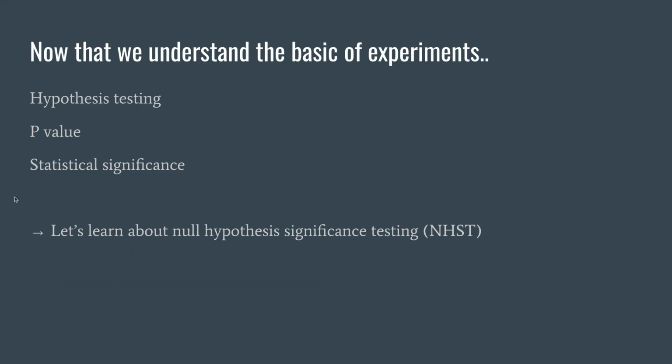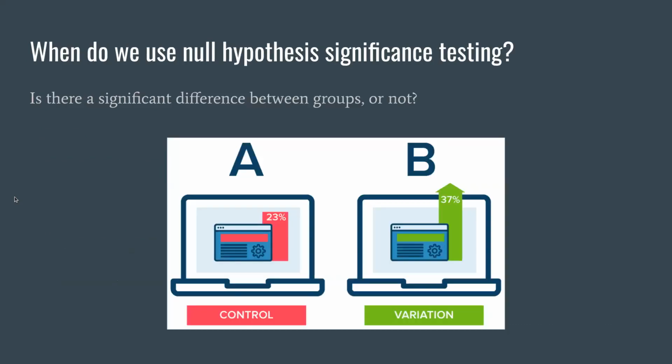And a lot of times you will see it as NHST. So when do we use null hypothesis significance testing? That's when you want to tell whether there is a significant difference between groups or not.